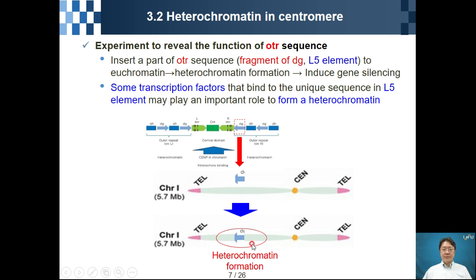So based on this experiment, the conclusion was that maybe some transcription factor that binds to a unique sequence in the L5 element may play an important role in forming the heterochromatin. So this is our tentative conclusion.